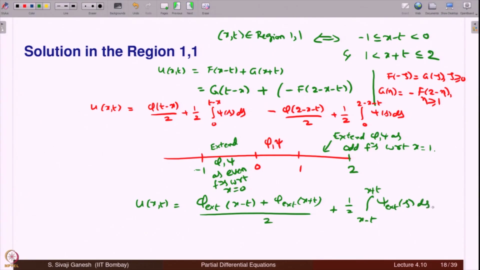This is what we have. Okay, this part is clear. So, we just discuss why this is equal to the sum of these two integrals. We are going to discuss that.